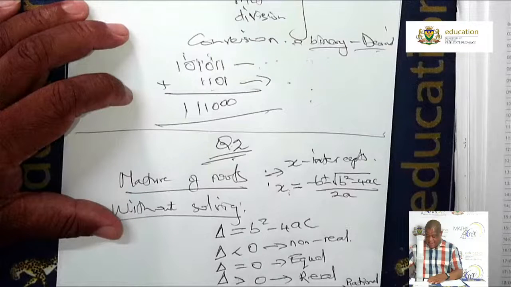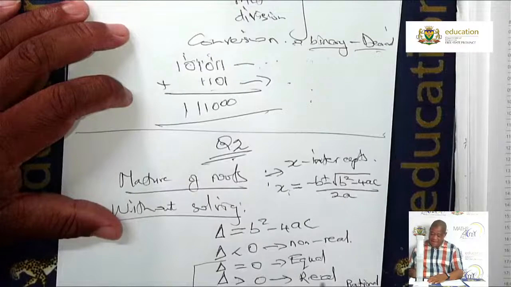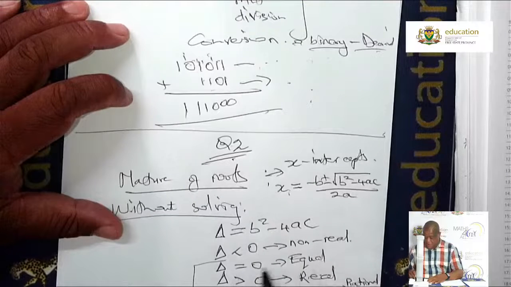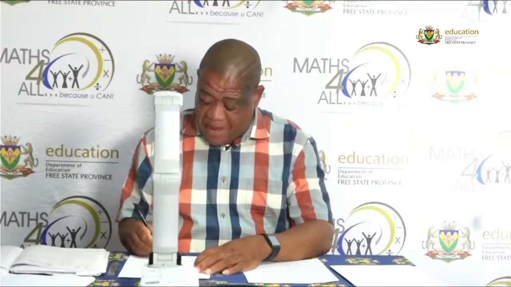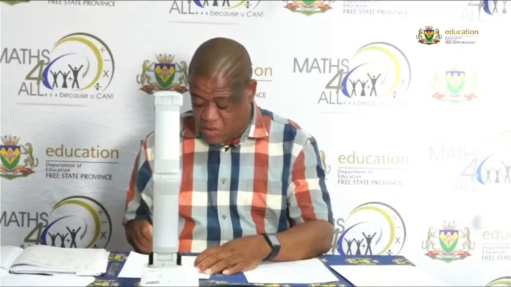And if we are looking at these ones, you realize we are talking equal to zero. The roots are there. They are real, even though they are equal. Greater than zero, they are there, also real. Therefore, we can combine these and talk of our discriminant being greater or equal to zero.